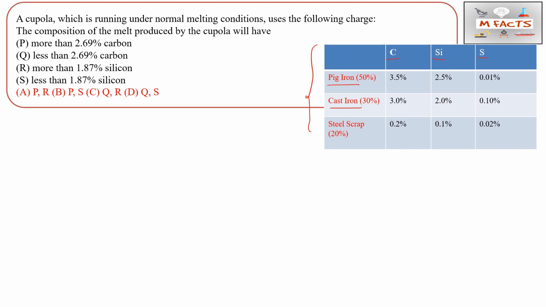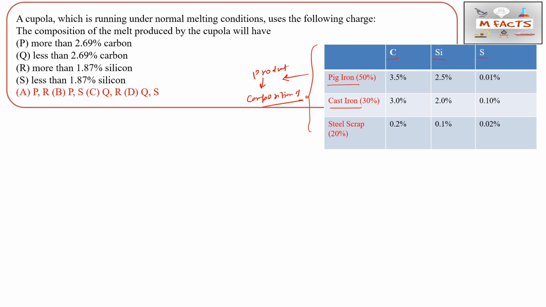So the question is, the composition of the melt produced by the cupola will have... Suppose these charge materials are producing some product, some melt. So they are asking about the composition of that melt produced.